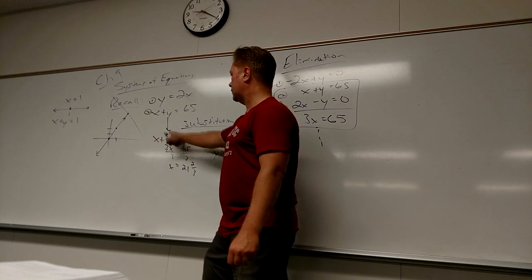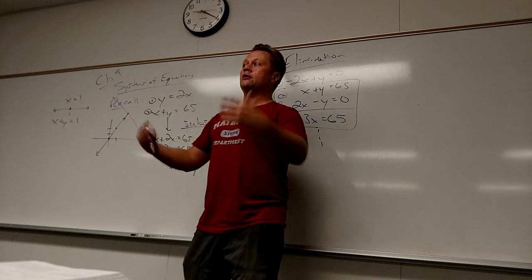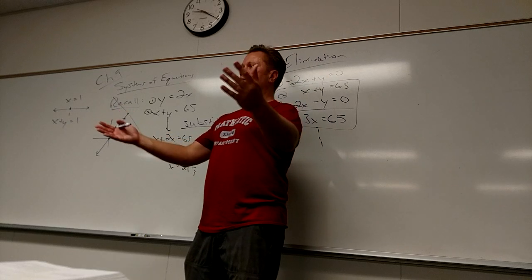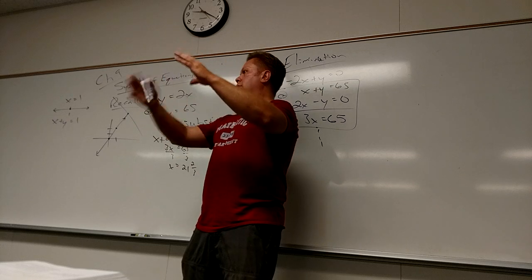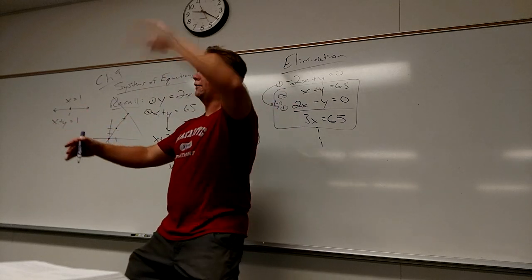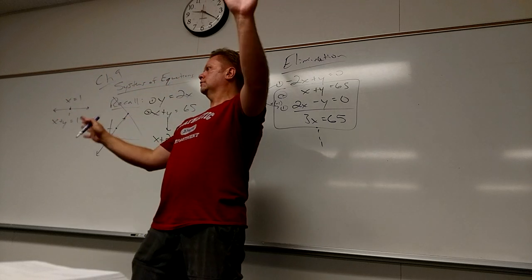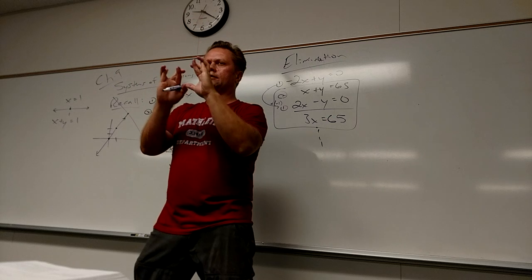But if here I solved it and I got 0 equals 1, that's saying there's an answer when 0 equals 1. That's a weird way of saying there's no answer. So we'll get something like 0 equals 1, or 7 equals 2, or negative 18 equals 5. Something that's not true, that's saying there's no answer.